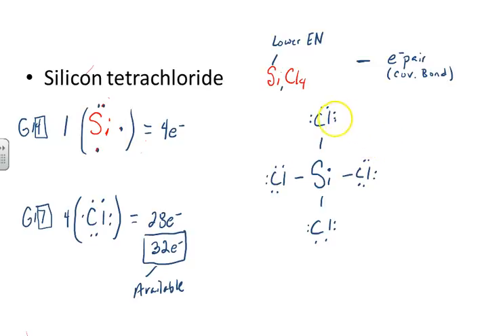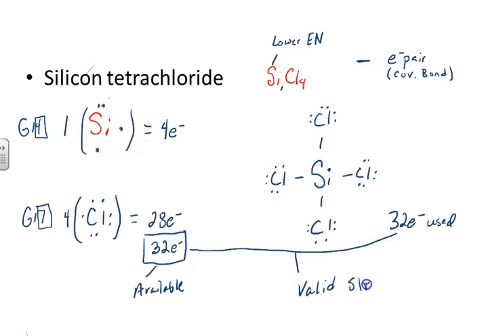So that gives a total of 8 electrons per chlorine, or 8 times 4, 32 electrons used. Notice that our number used and our number available are the same. So we'll consider that a valid structure. Had they not been the same, we would have said that the structure is not valid.